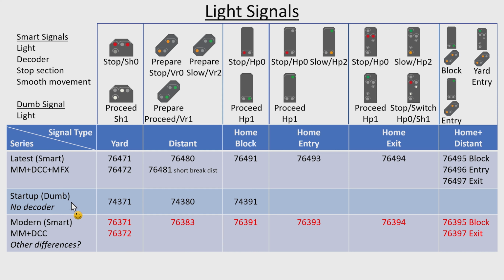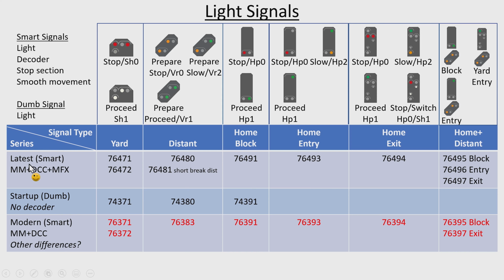Smart signals have a light, they have a decoder, they can actually restrict train movement by powering off the track and having a stop section. And what you also will see, this is for the semaphore ones though, they will have a smooth movement, which other types of signals may not have.